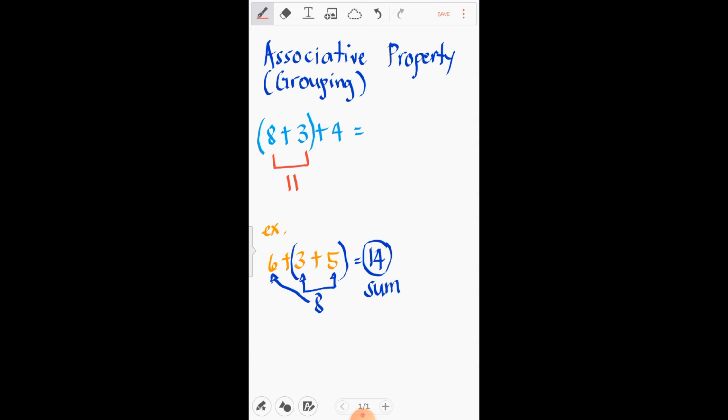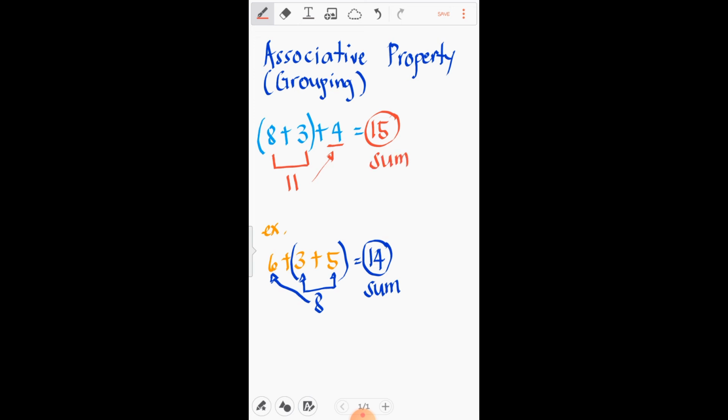Do not forget, we still have to add 4 to 11 because we still have a remaining addend here. Okay? Let's count. 11, 12, 13, 14, 15. Okay, so our sum here, or the answer of our addition, is 15.